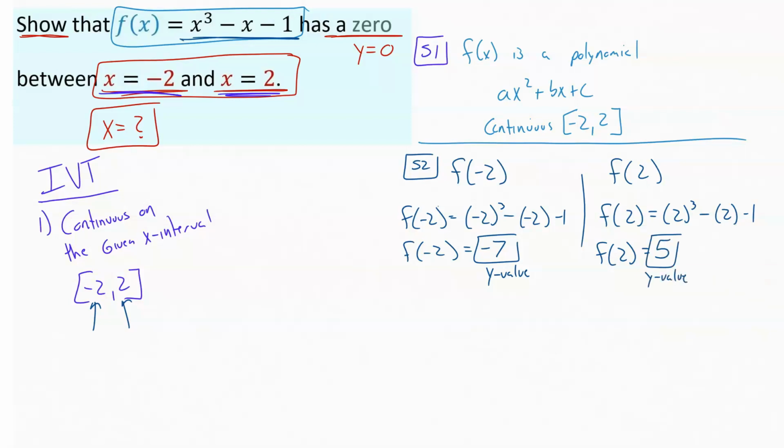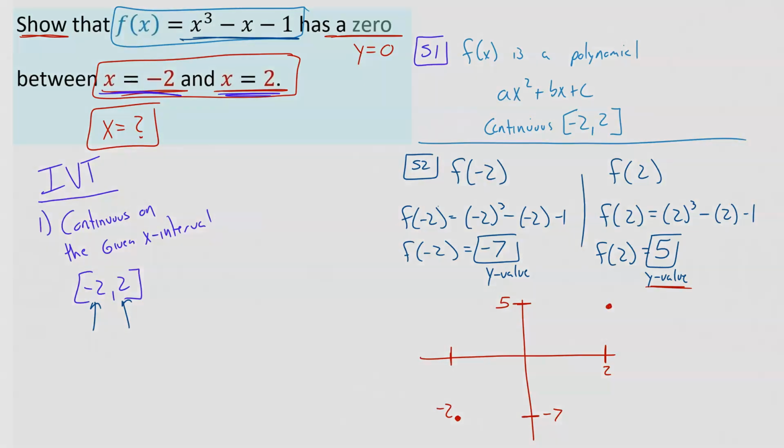And so the cool thing about the intermediate value theorem is it says because our graph is continuous right now, if I start over here at x equals -2, I know that I'm going to get out a point of -7. So at x equals -2, I get the dot at -7. I then get over on the right-hand side of my interval, I know that at 2, I get out the y value of 5.